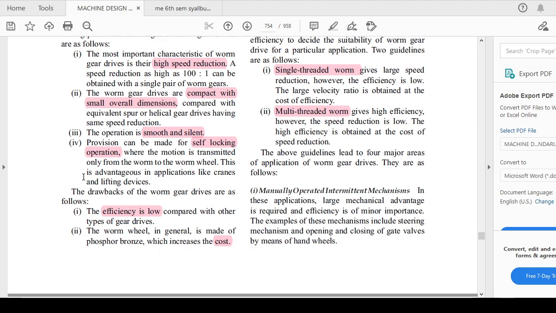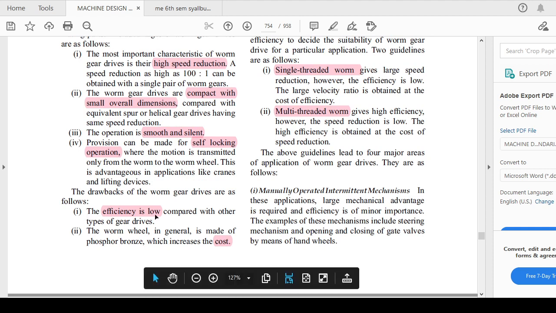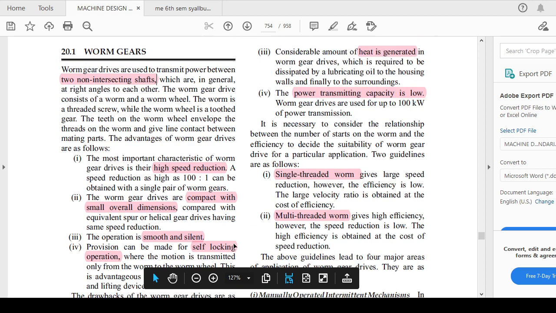Now let's discuss the drawbacks or cons of this worm gear drive. Efficiency is very low compared to other types of gear like bevel gear drive, spur gear drive and helical gear drive. The worm wheel is in general made of phosphor bronze, which is a very costly material, so overall it increases the manufacturing cost of these gears.